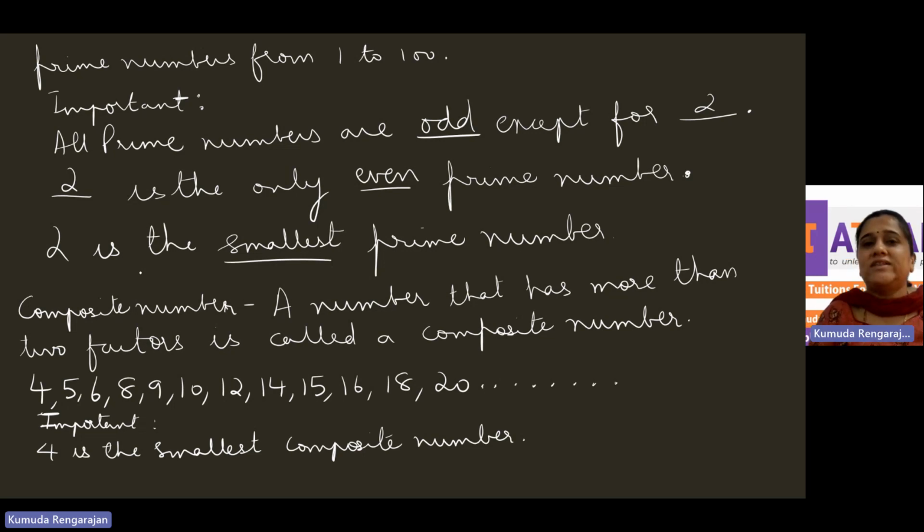So it does not satisfy the definition of a prime number, and it's not a composite number either. So 1 is a unique number. It's neither a prime number nor a composite number.